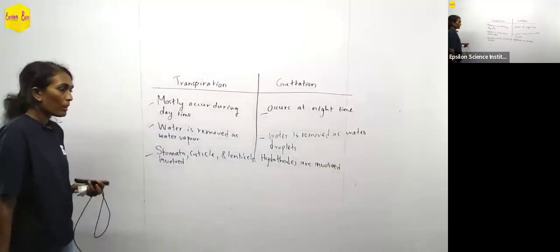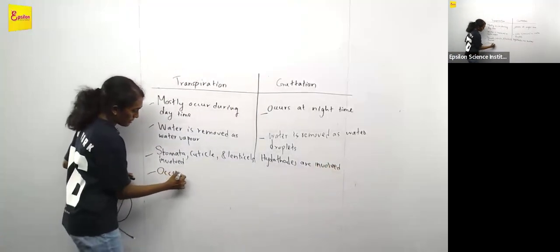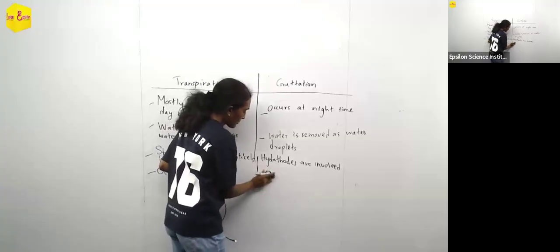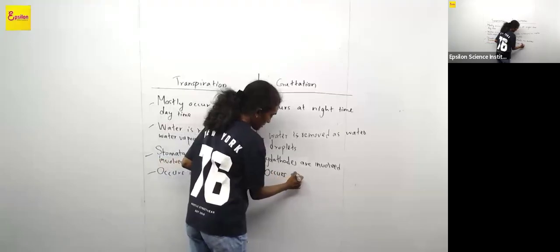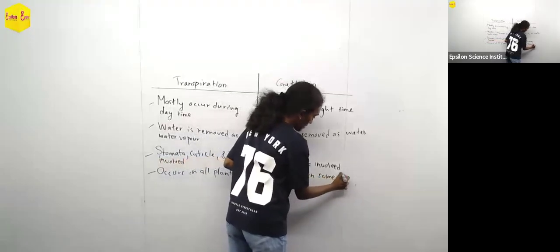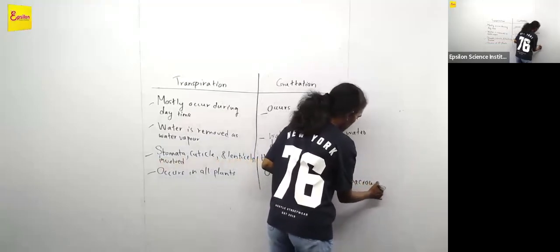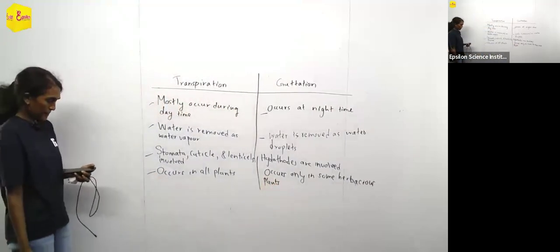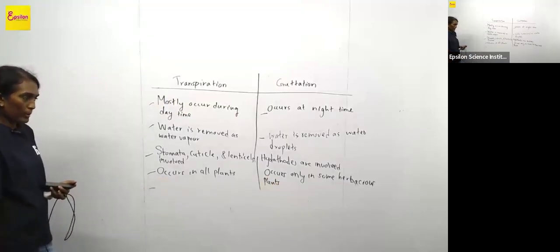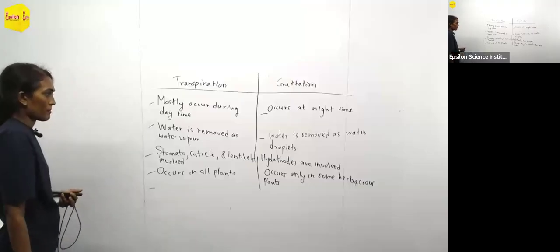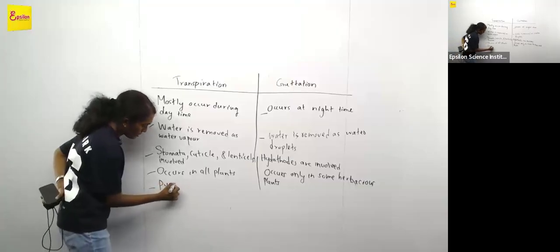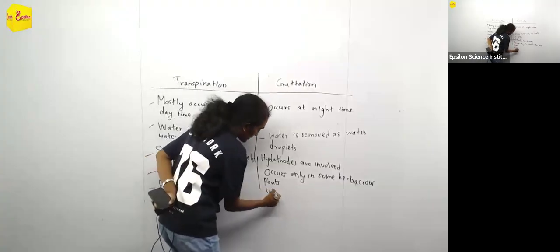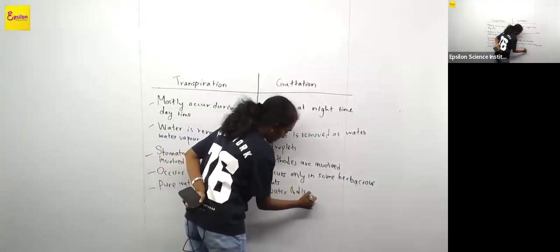Correct? Transpiration occurs in all plants, while guttation occurs only in some herbaceous plants. Correct? Then we can say pure water is removed in transpiration, while in guttation, water and dissolved minerals are removed.